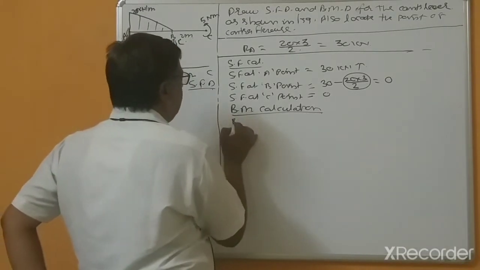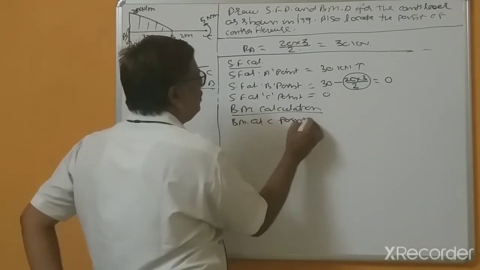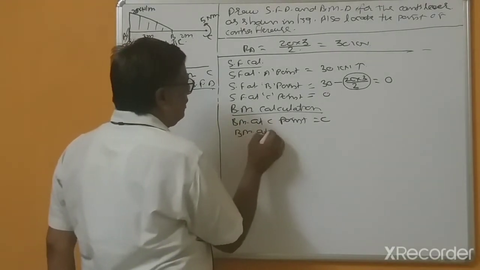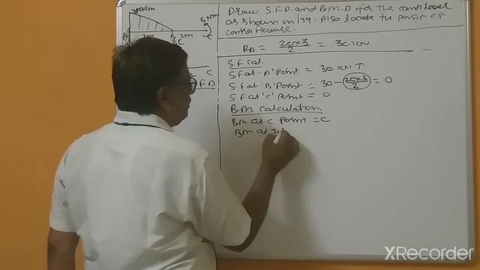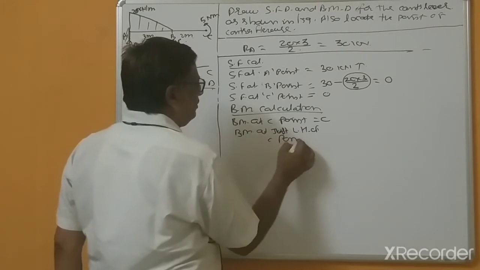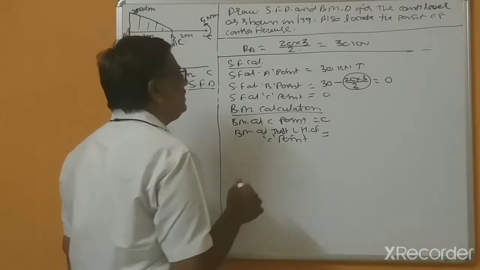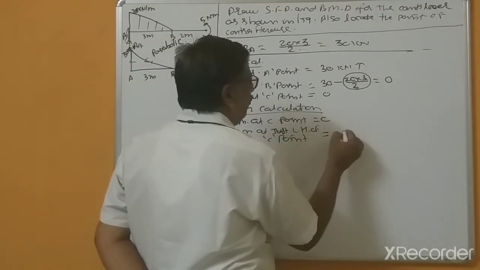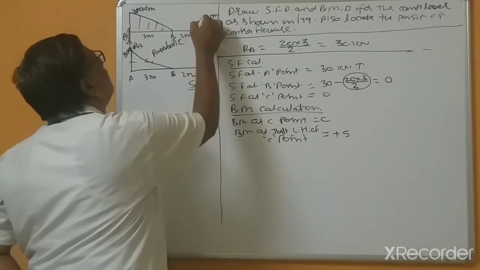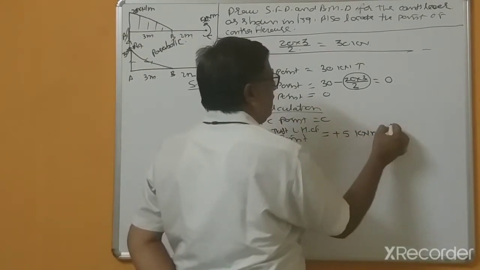Bending moment at C point is equal to 0, and bending moment because the couple acting just left hand side of C point is equal to 5, and this is anti-clockwise, so this is 5 kilonewton meter, anti-clockwise.